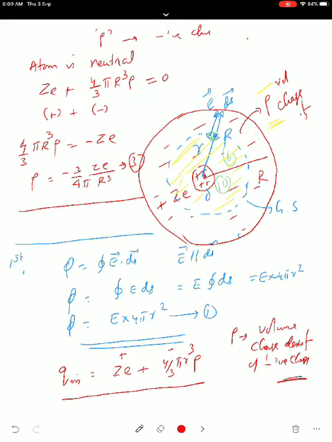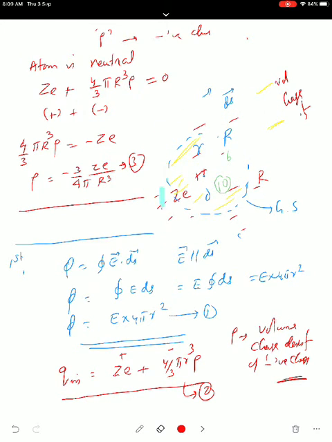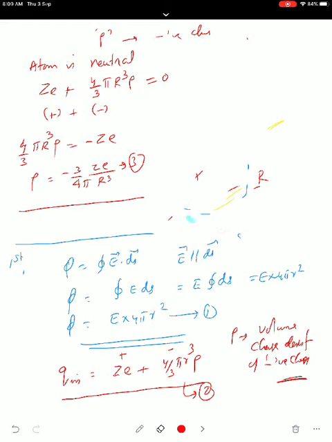You can substitute the value of this in equation number 2, that is Q inside. So I remove the diagram now, and here we will substitute the value. What will be Q inside? Then we can use Gauss's theorem for its calculation.